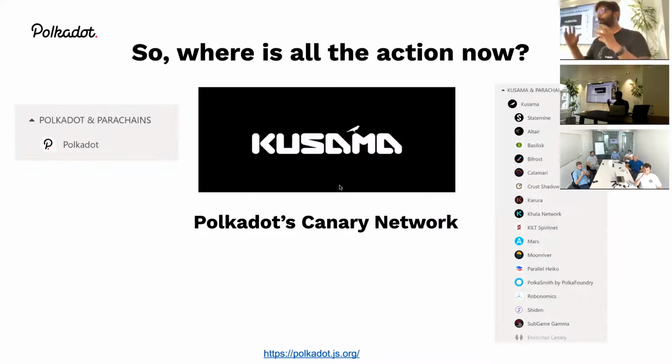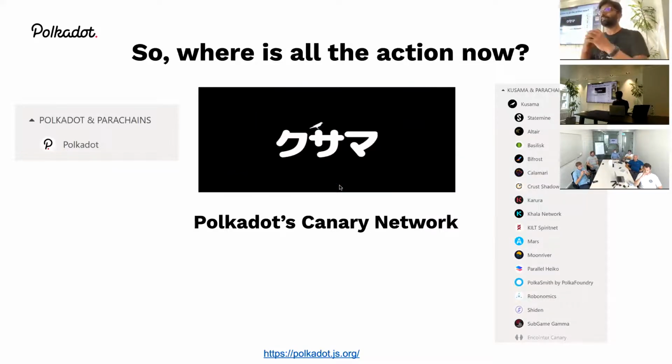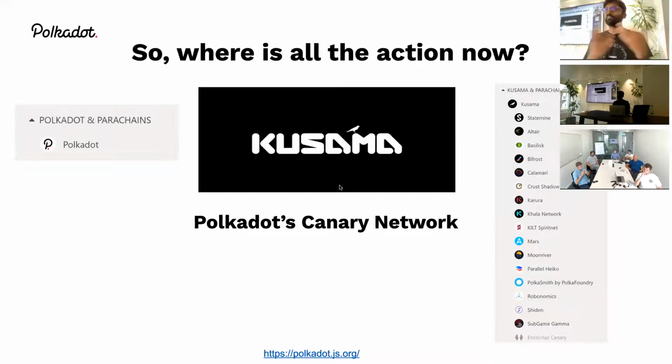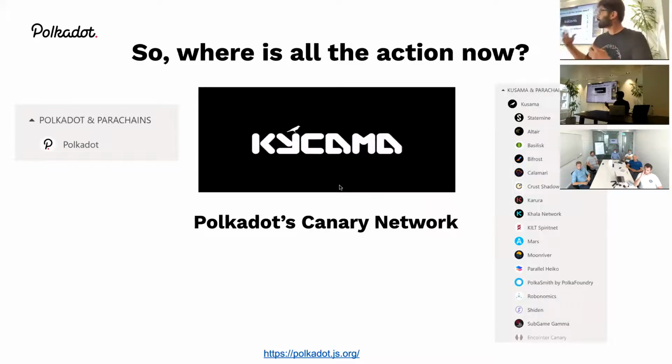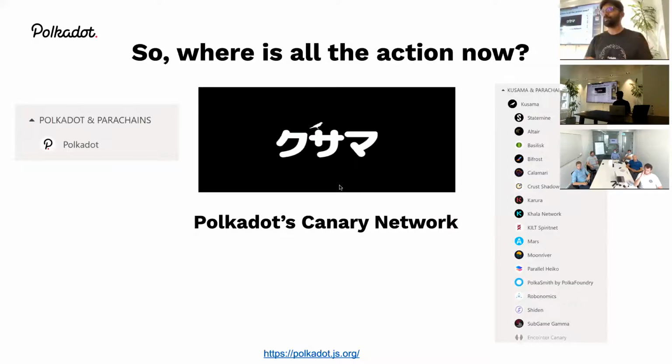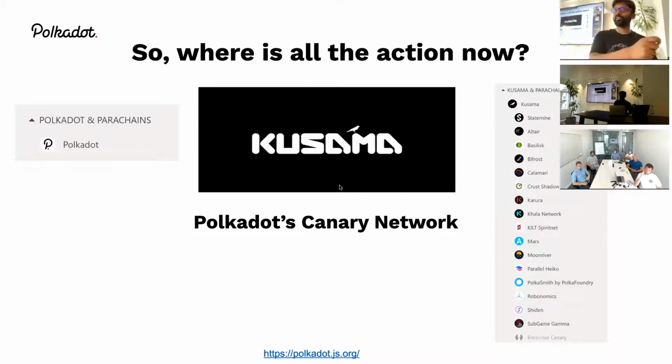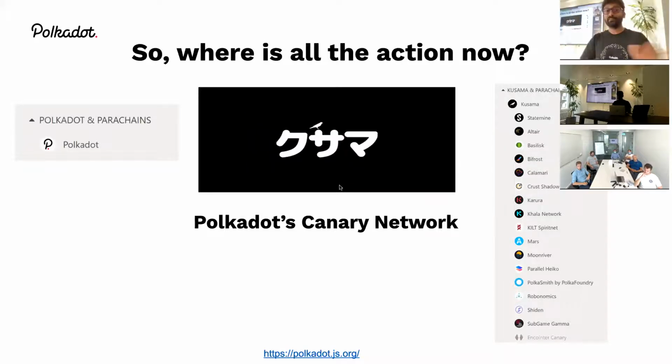So basically, we have this blockchain that is going to be a cousin of Polkadot, meaning it's going to be very similar, but it has a different objective. It's out there to test out the broader applications that are going to be deployed on Polkadot. And I'll show you these functionalities in a bit.